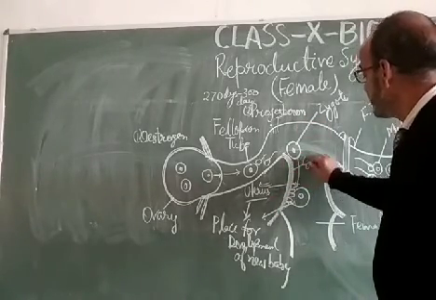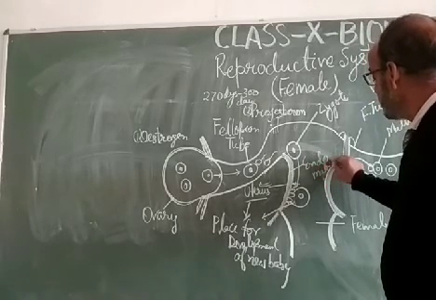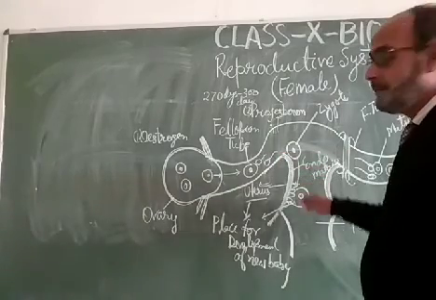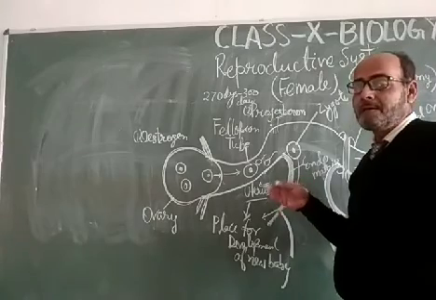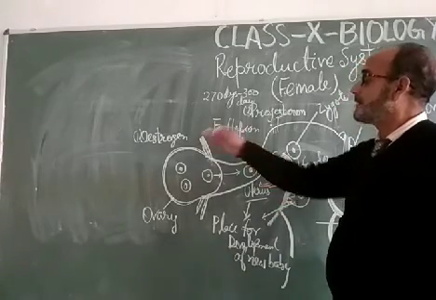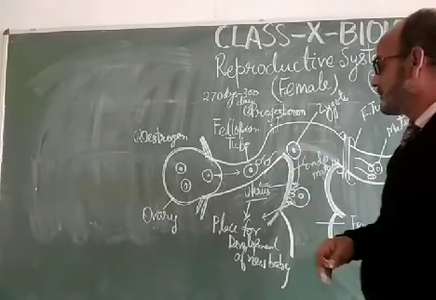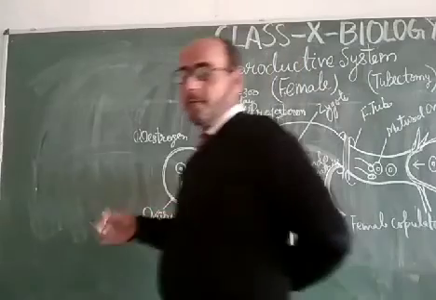So the endometrium content and dead ovum get thrown out at the last time of the periodic cycle, so that a new periodic cycle will start in the female from the 1st to 14th day. That is the formation and maturation of the ovum.